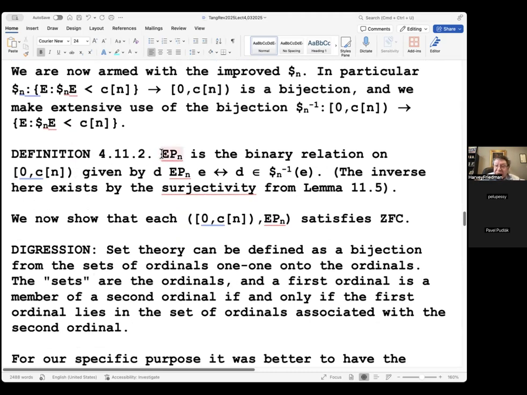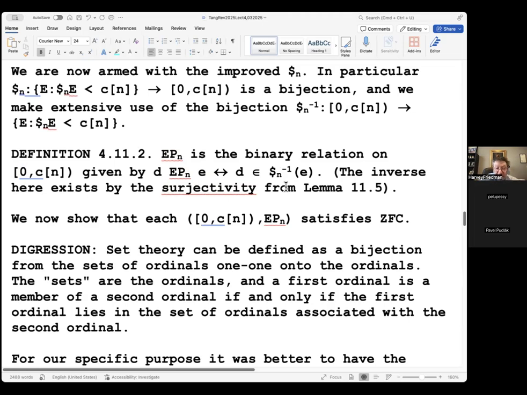EP is abbreviation for epsilon. Epsilon sub n is the binary relation on this interval given by d EPN of E if and only if D is a member of $n inverse of E. Remember, $n of n inverse of E is going to be a subset of the interval from 0 to Cn, right open.